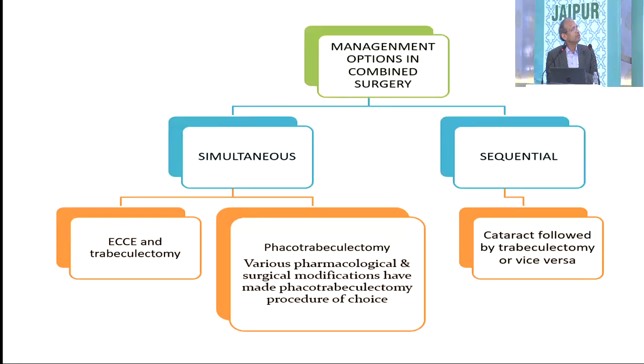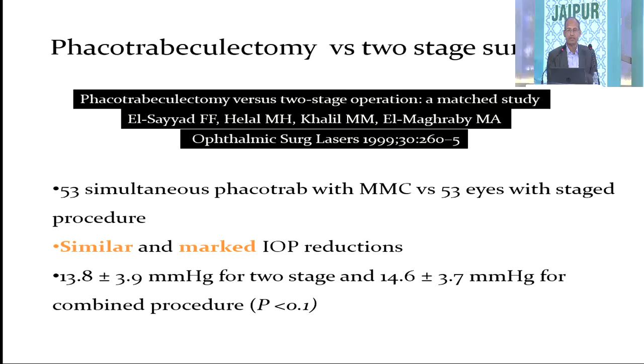The management option for a combined cataract and glaucoma patient is combined surgery, which can be simultaneous phacotrabeculectomy, or it could be sequential surgery depending on the severity of the disease, essentially glaucoma. If glaucoma is more severe, we go for trabeculectomy first, followed by cataract surgery.